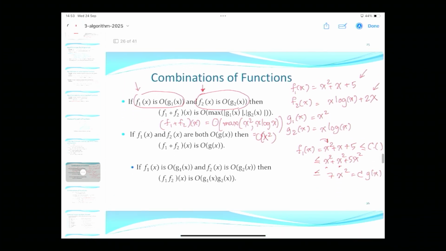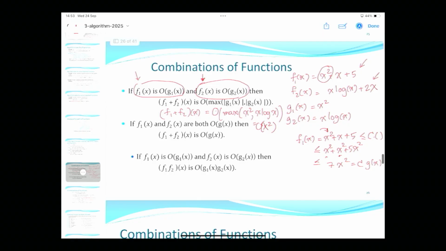Or we can simply look at the largest term of the function. That is g(x), the big O, right? When we get g1 and g2, we compare g1 and g2, and the result would be x squared.